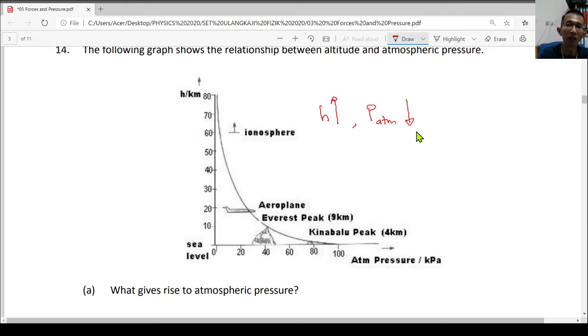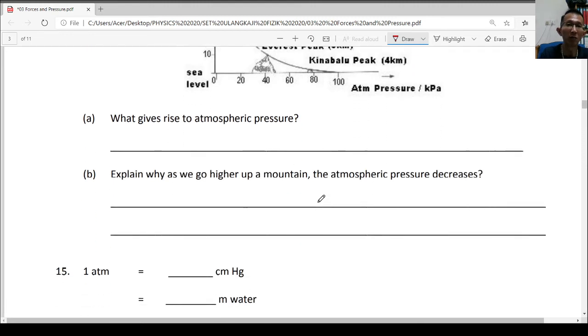But we need to know first what gives rise to atmospheric pressure. How does atmospheric pressure exist? If we remember our formula for pressure, P equals F over A. At any place on earth, you have an air column above you that is pressing on you.